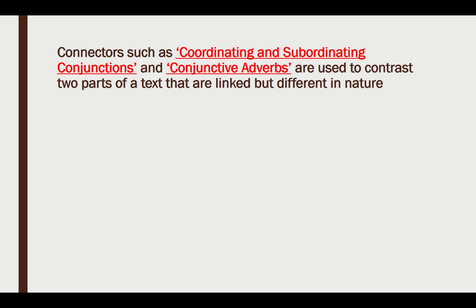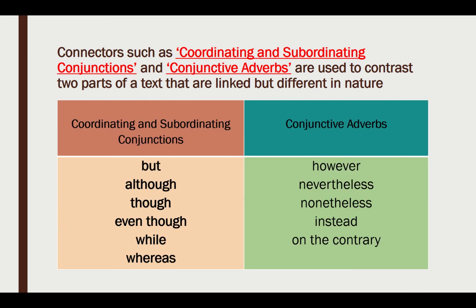If you look at the table that I have right now in front of you, you can use conjunctions like but, although, though, even though, while, whereas. So these are known as conjunctions in short. As for conjunctive adverbs, you can use words like however, nevertheless, nonetheless, instead, and on the contrary.